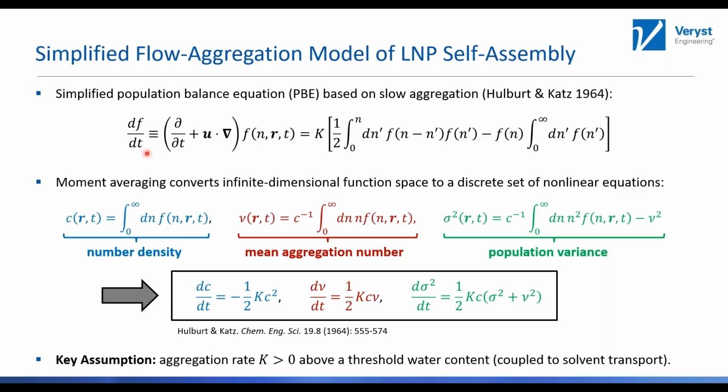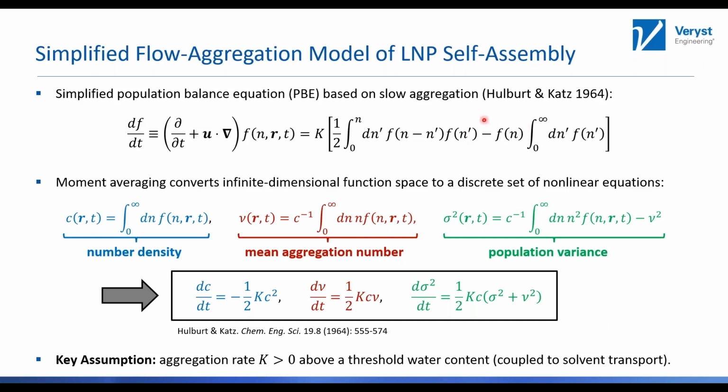The first thing we can do is make the model a bit simpler, and so we can turn to the literature for this. There's actually a very extensive literature applying the population balance equation to problems of polymerization, coagulation and breakup, agglomeration of particles and particle manufacturing technologies, aerosol size distributions, and bubble size distributions.